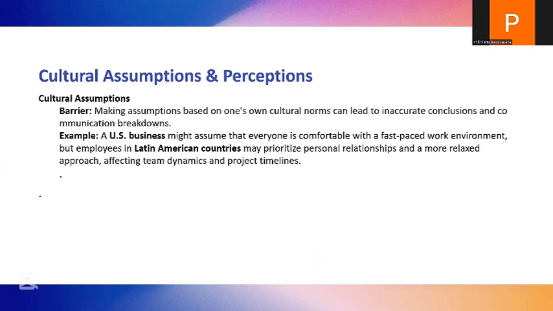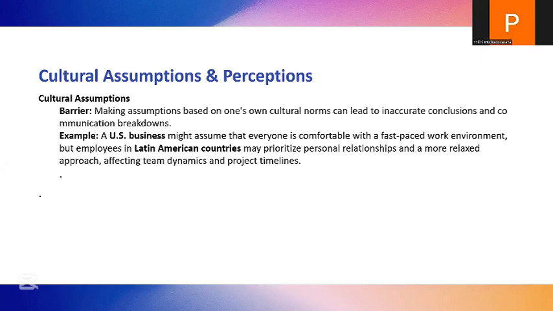And the fourth cultural barrier we have is assumptions and perceptions. Some people make assumptions based on their own cultural norms, and this can lead to inaccurate conclusions and communication breakdowns, right? You can see that in the work environment there can be chaotic situations.